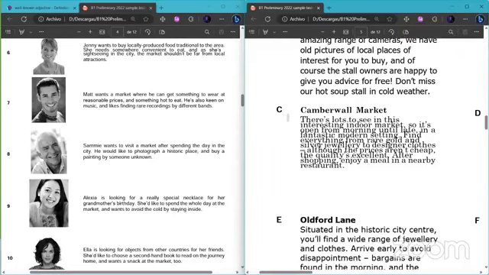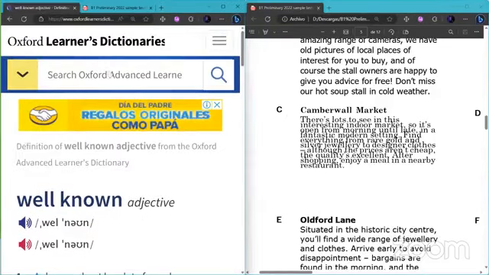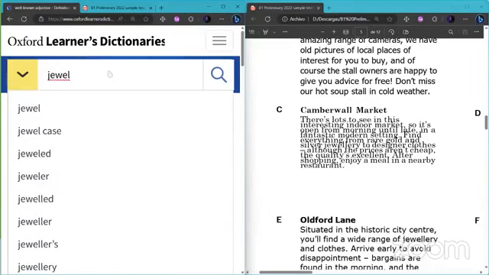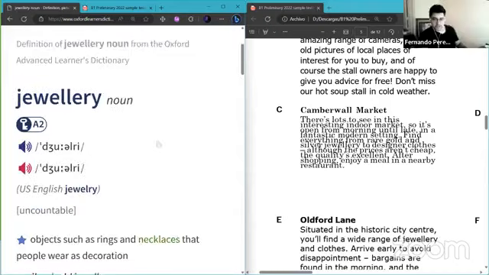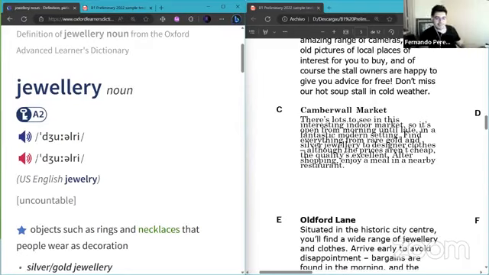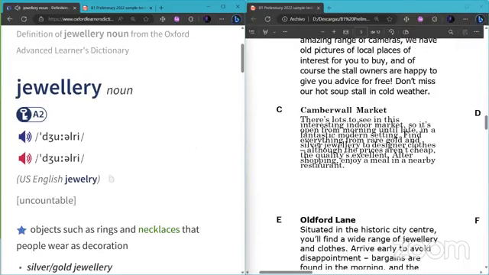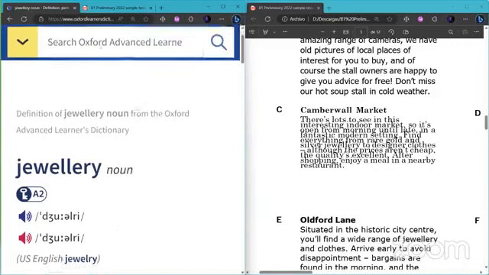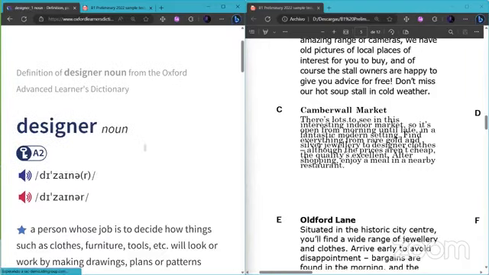And in a fantastic modern setting, find everything from rare gold and silver jewelry to designer clothes. Jewelry, exactly.